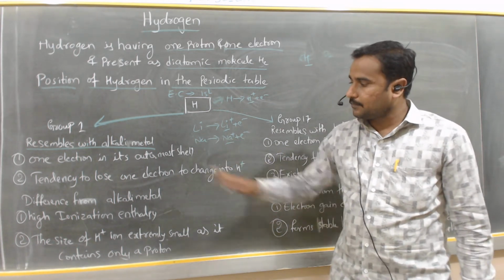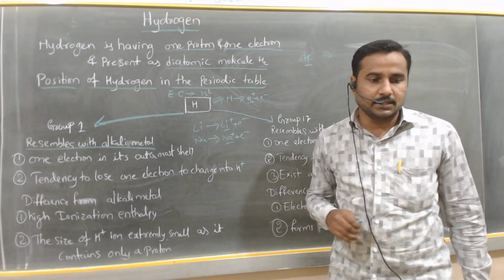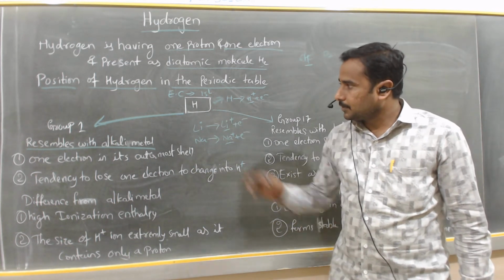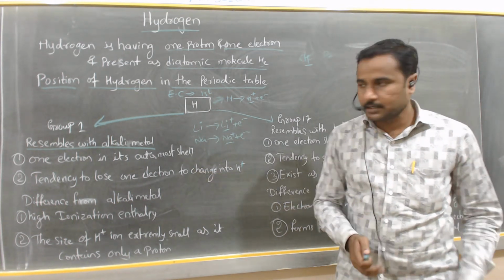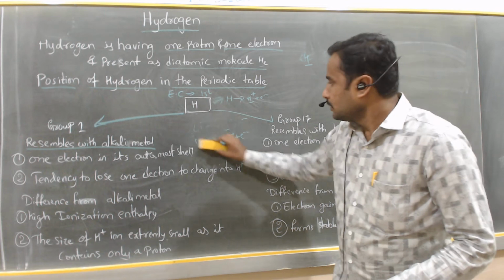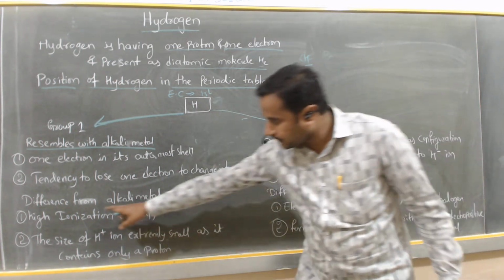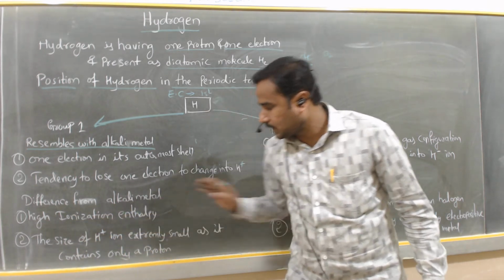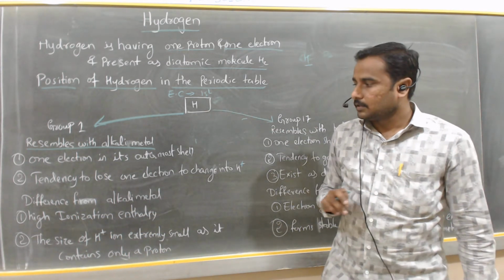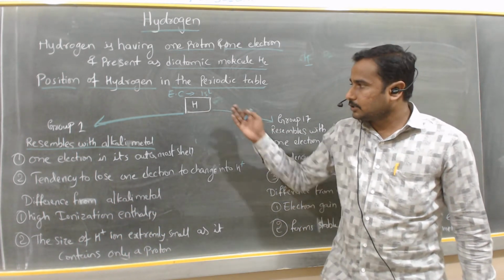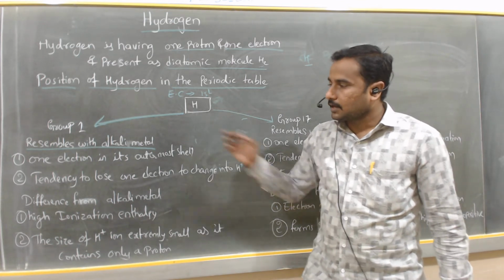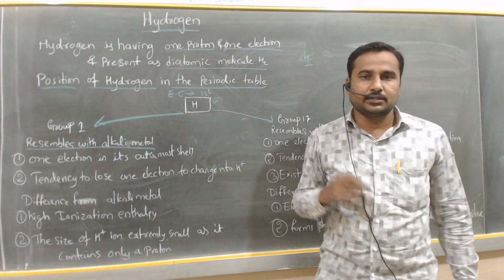Next, what are the differences between hydrogen and alkali metals? The first one is high ionization enthalpy. Hydrogen has a high ionization enthalpy compared to the alkali metals.